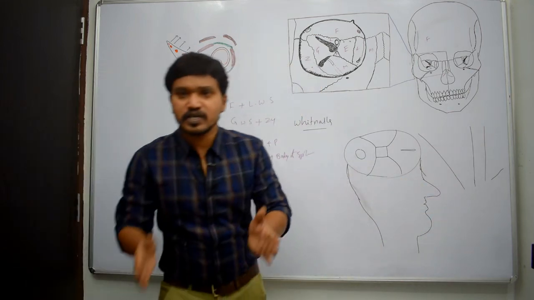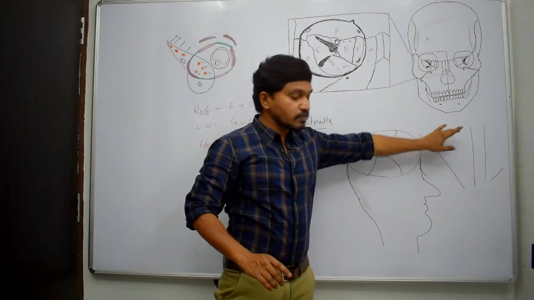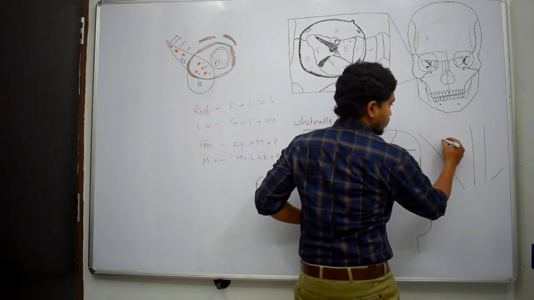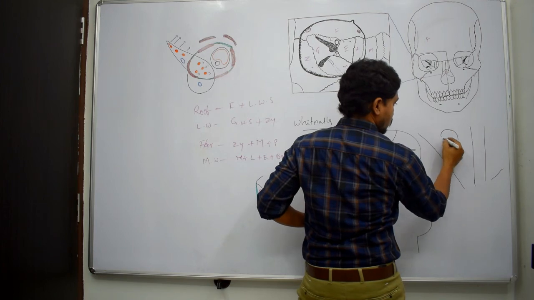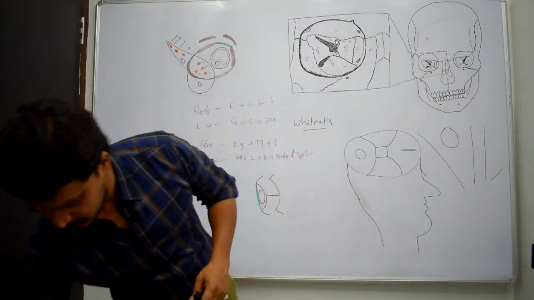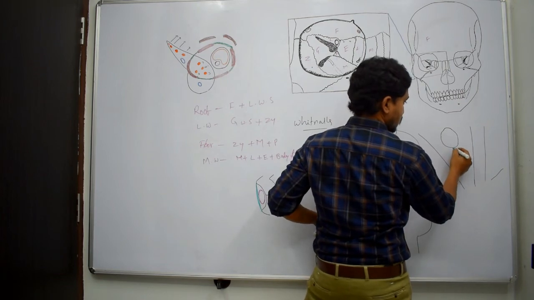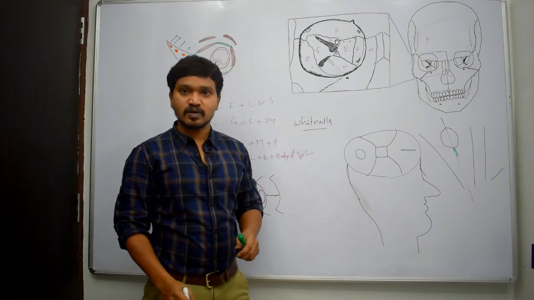That means bony orbit is directed like this. Clear? So if the bony orbit is in this position, eyeball will be present like this, is it or not? So this is eyeball, and here optic nerve will be present. So this is optic nerve. This is orbital axis, right?